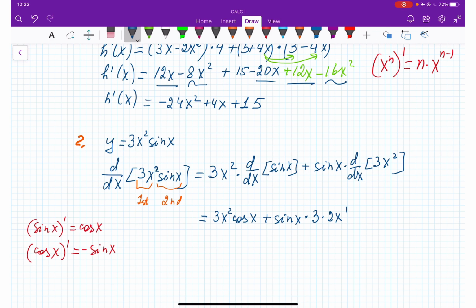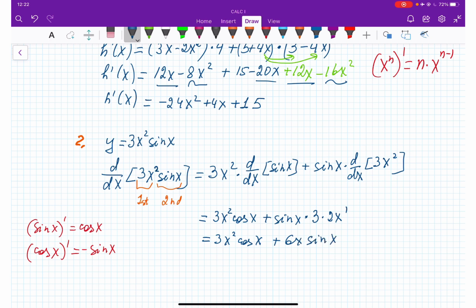Okay, and we will have 3x squared cosine x plus 6x sine x.